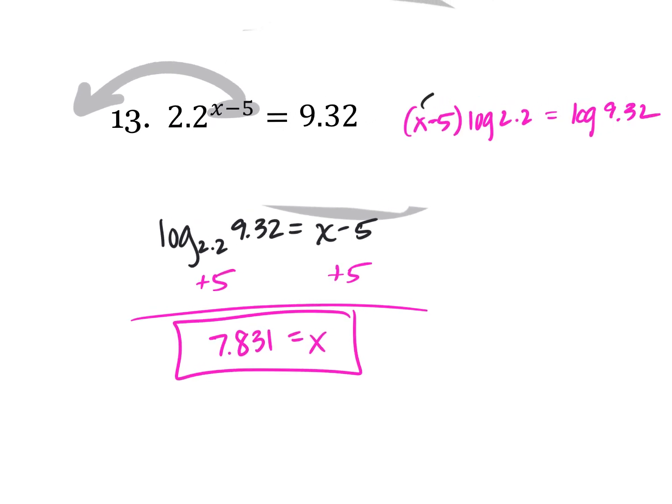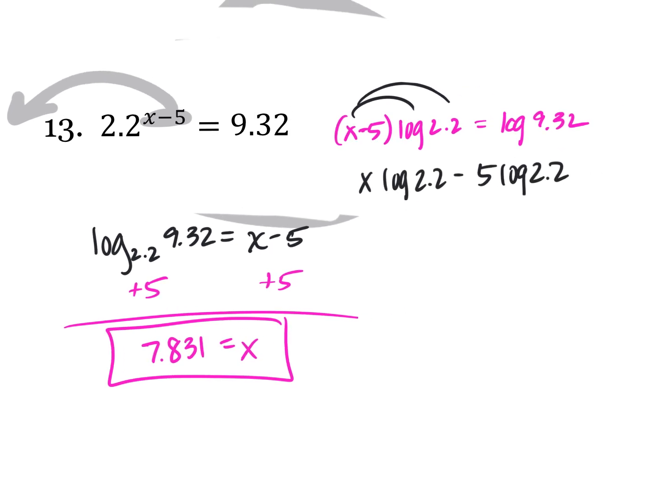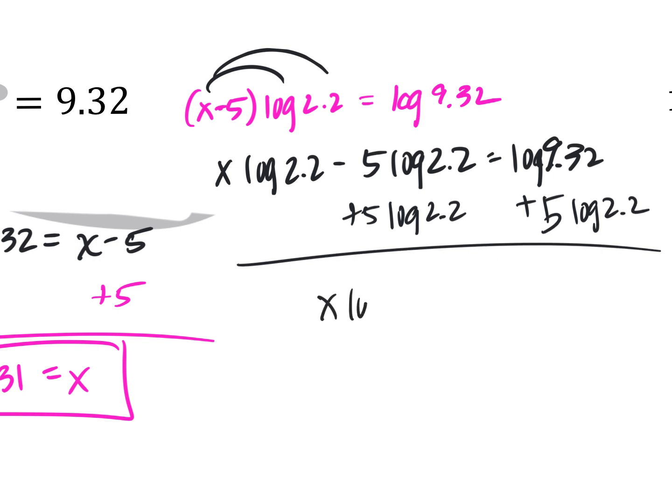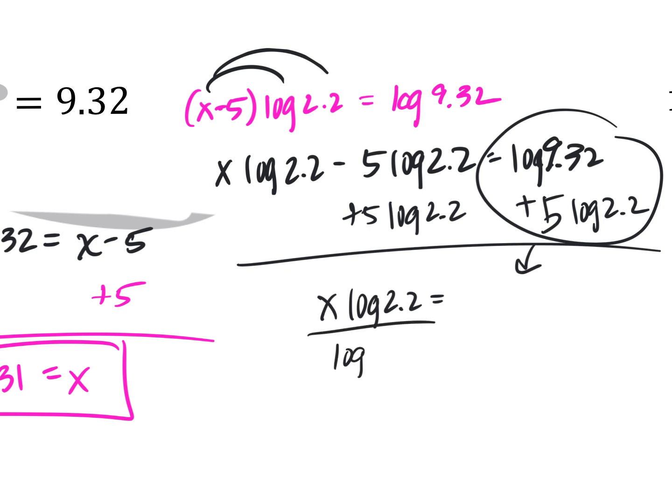We would distribute: x log of 2.2 minus 5 log of 2.2 equals log of 9.32. I could then add my 5 log of 2.2. I do think that this takes longer. 5 log of 2.2, and I'd have x log of 2.2 equals all of that. And then I would have to divide by log of 2.2.